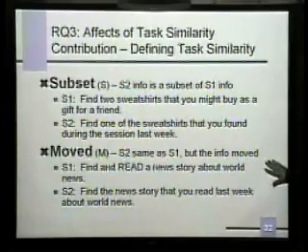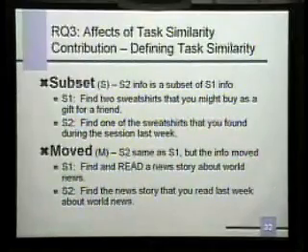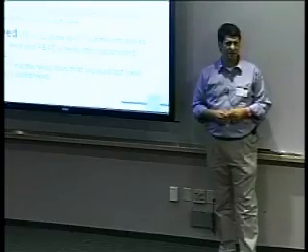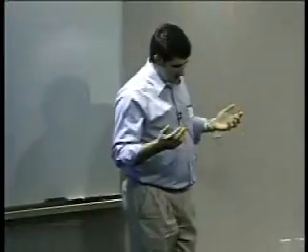And then the most difficult situation, and I was talking with someone about this before the talk, was what if the information moves? Imagine that you went out to the CNN website today and found a story on the vote for the flag amendment. And then a week from now, how would you refind that story?